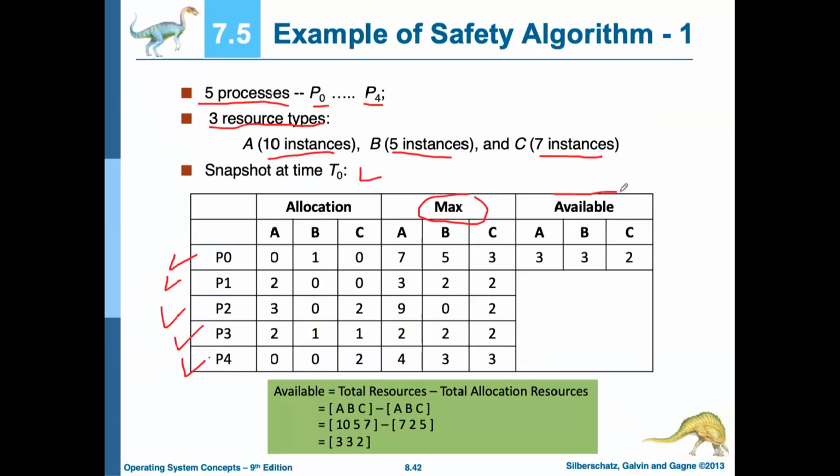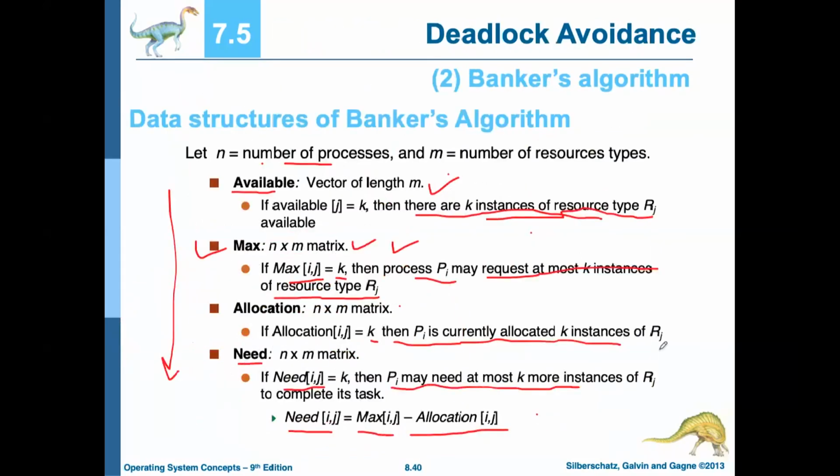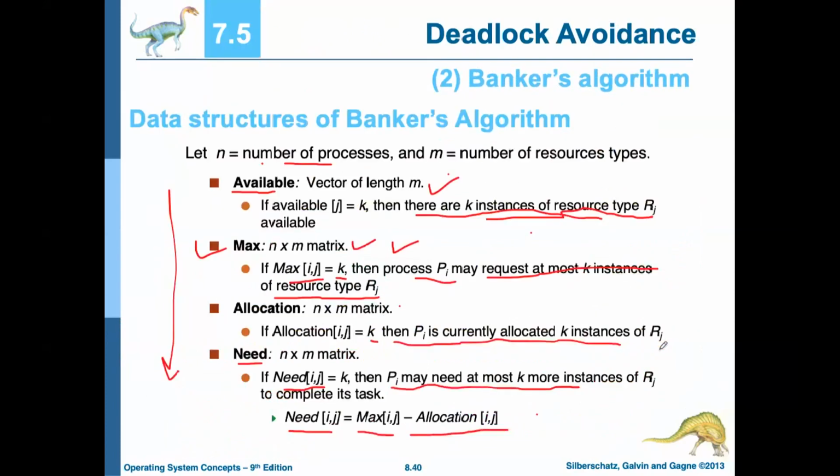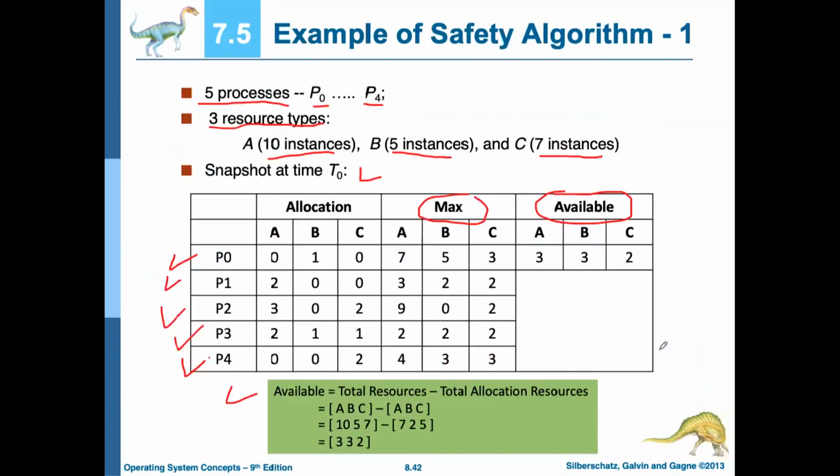The need and the maximum show how much they can go. This is similar to the table, and they try to represent this scenario. This example is trying to represent it through the algorithm.